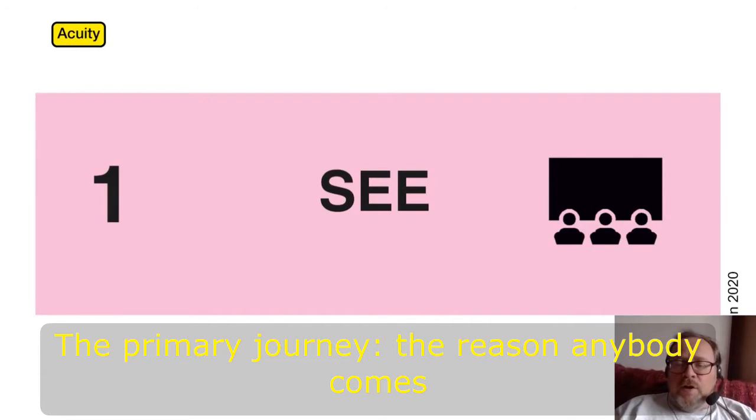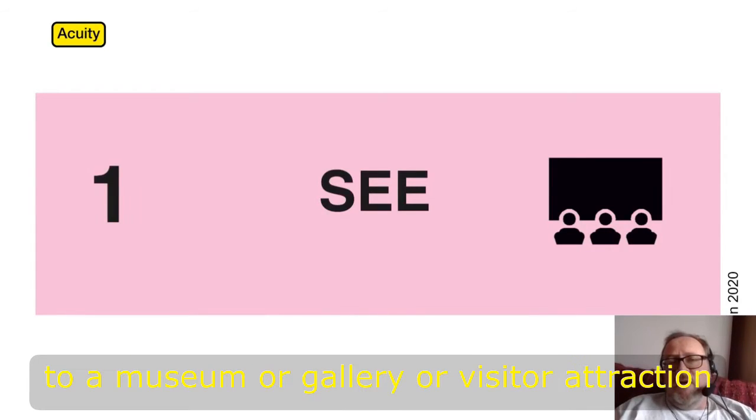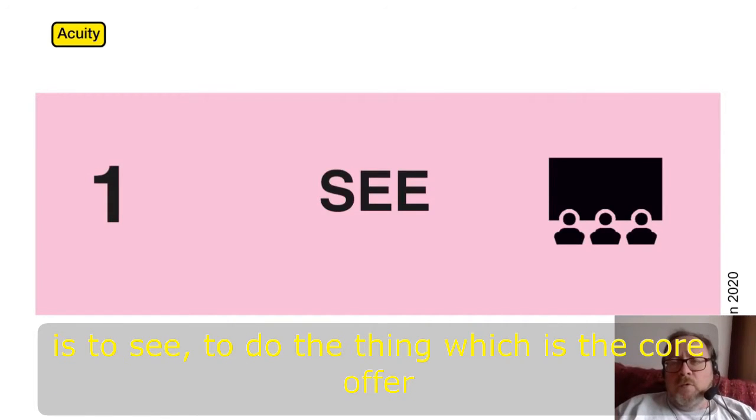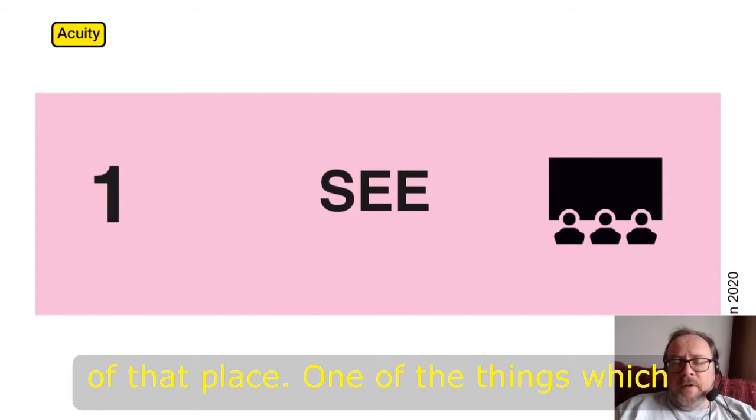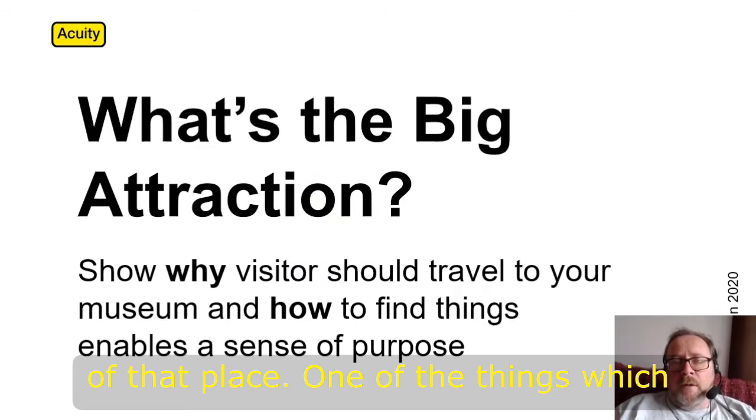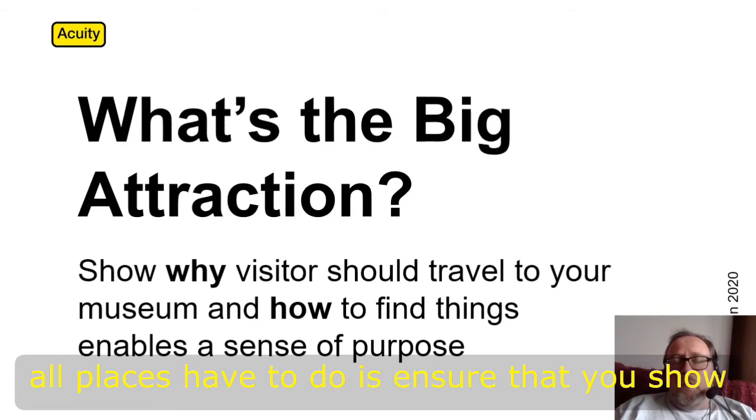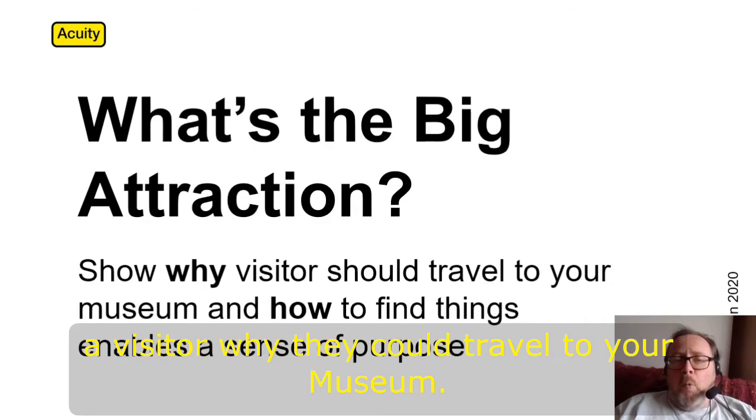The primary journey, the reason anybody comes to a museum or a gallery or a visitor attraction, is to see or to do the thing which is the core offer of that place. And thus, one of the things which all places have to do is ensure that you show a visitor why they should travel to your museum.